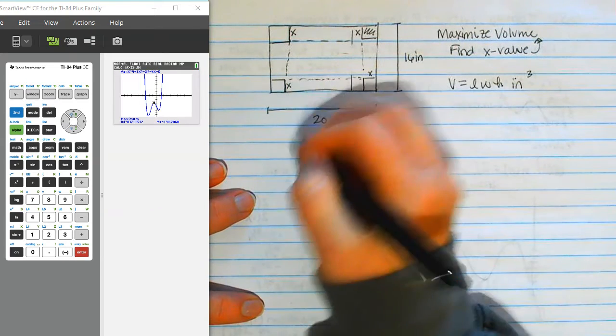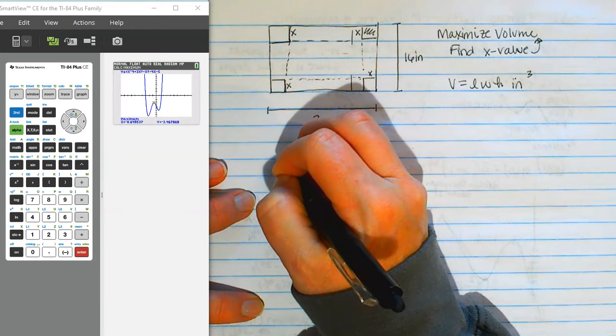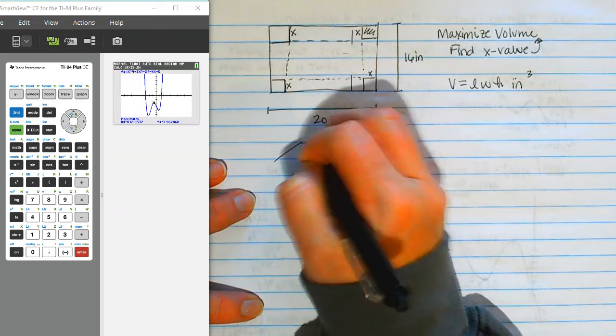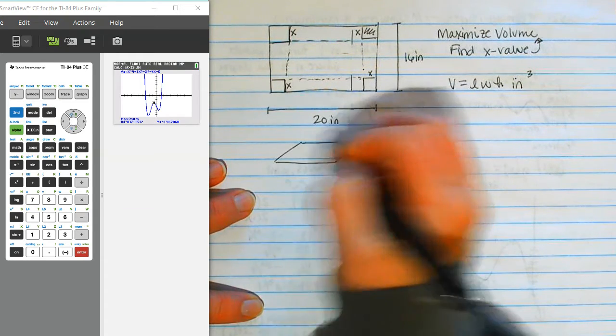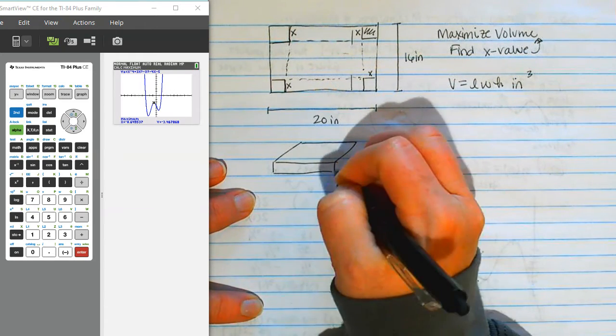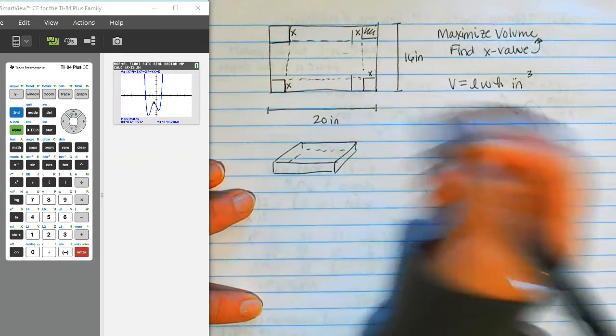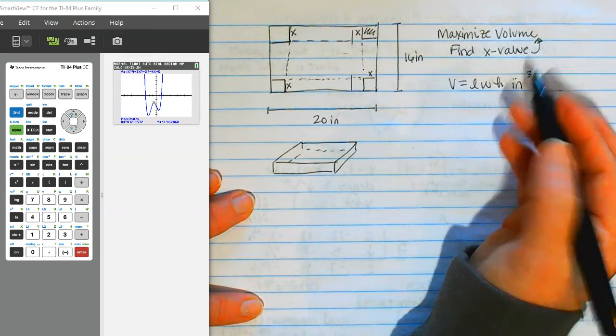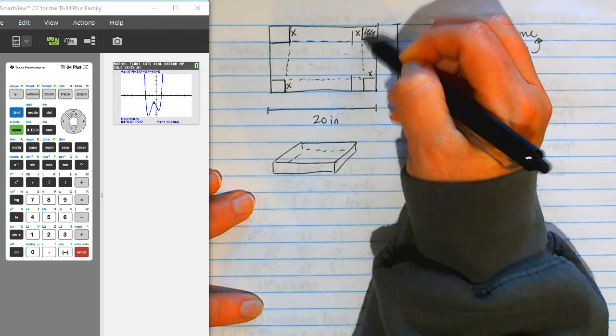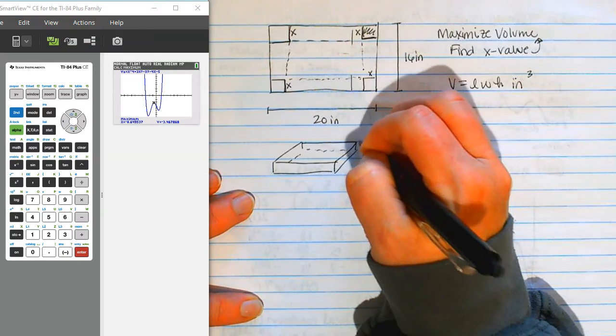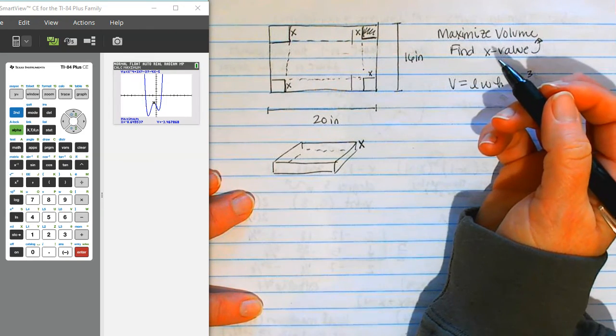If I was to make my box, it would look something like this with an inside. That's not bad. So I'm going to fold up this amount. So I know that this is X. Okay?